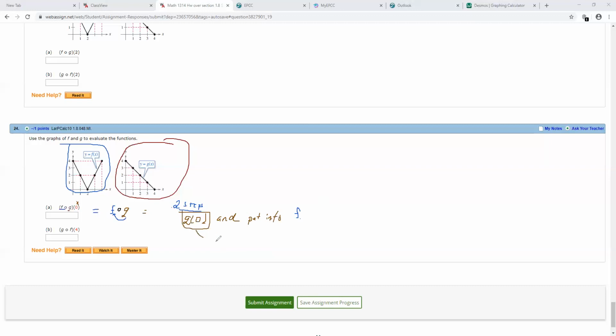Whatever that is, we're gonna put it into F. This is the first step. And when you put it into F, that'll be the second step.